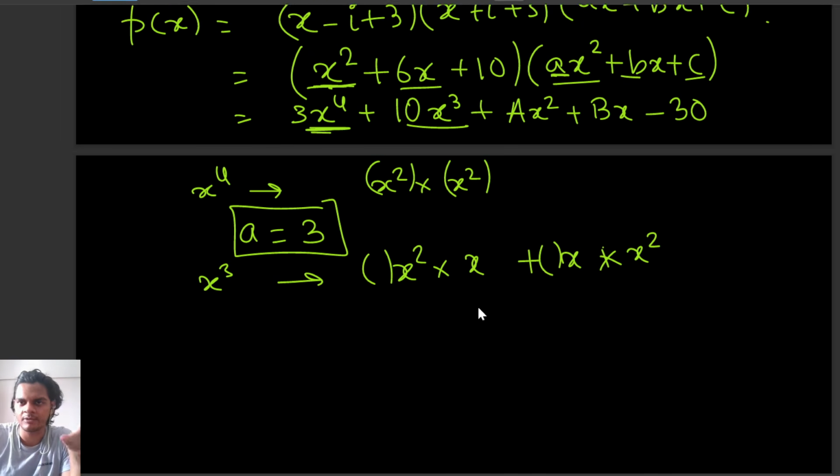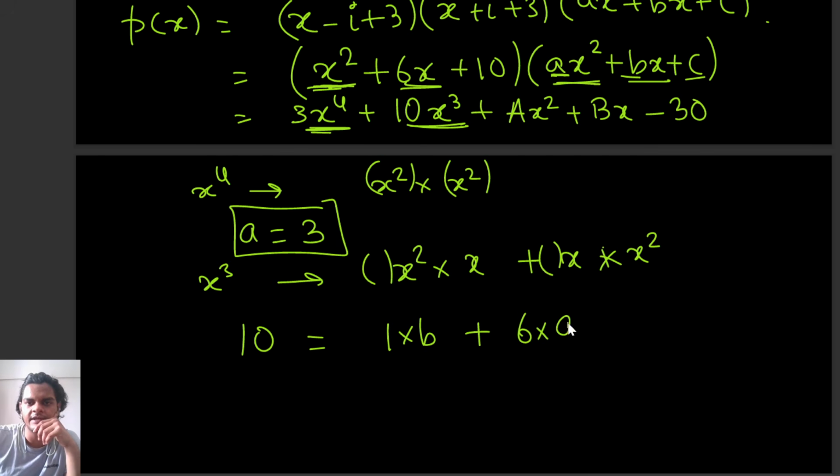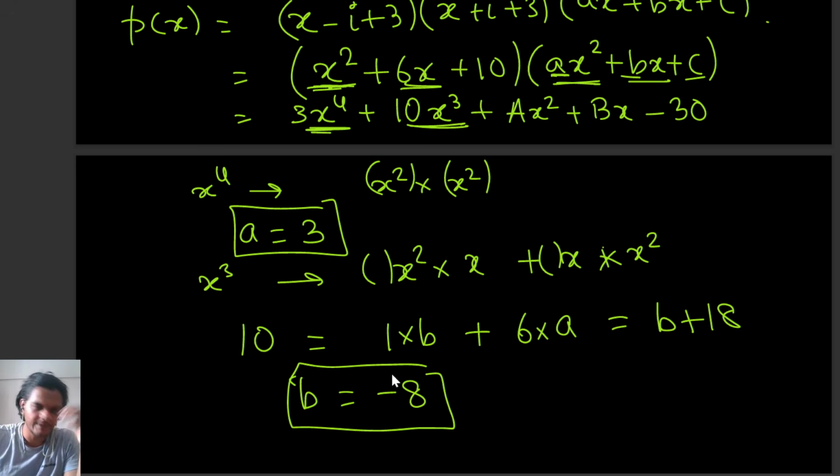So that is the only thing which will get us to x cube. So 10 should be equal to x square into x here, which is 1 into b, plus x here into x square here, 6 into a. Now a we know to be 3, so this is b plus 18. So b has to be minus 8. So we know b as well.